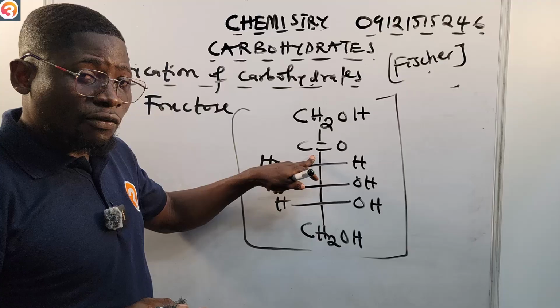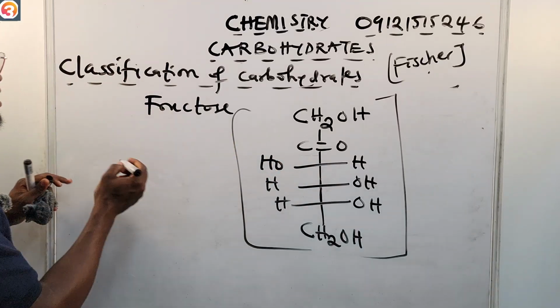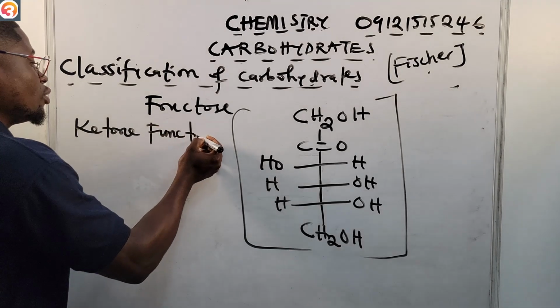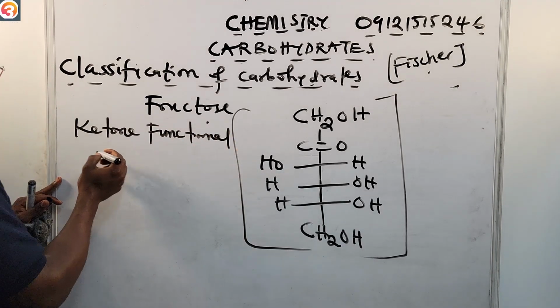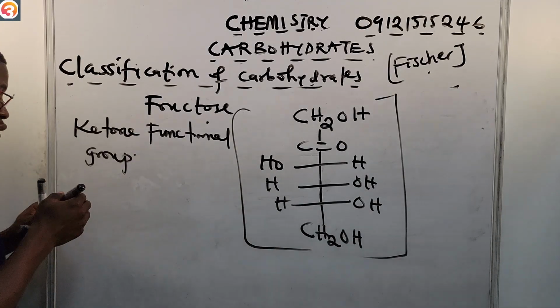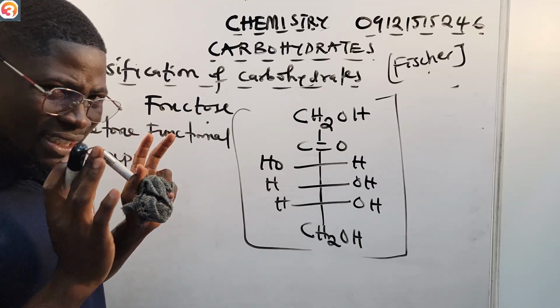That's why the ketone functional group is here on the second carbon. Take note of that. It should be an exam question: fructose has a ketone functional group, while glucose has an aldehyde functional group.